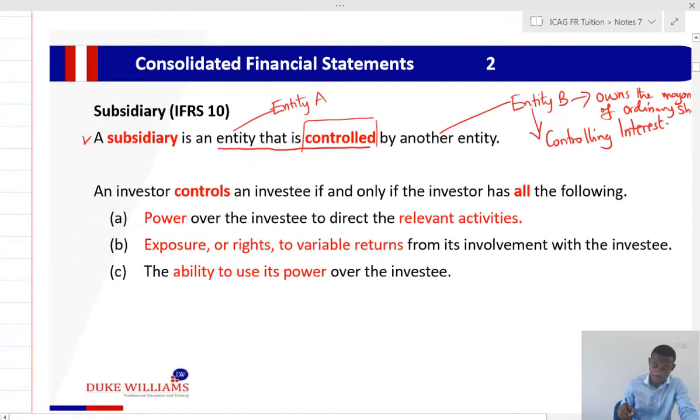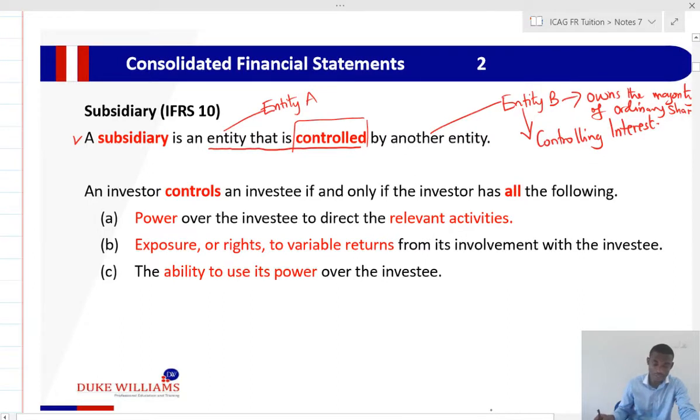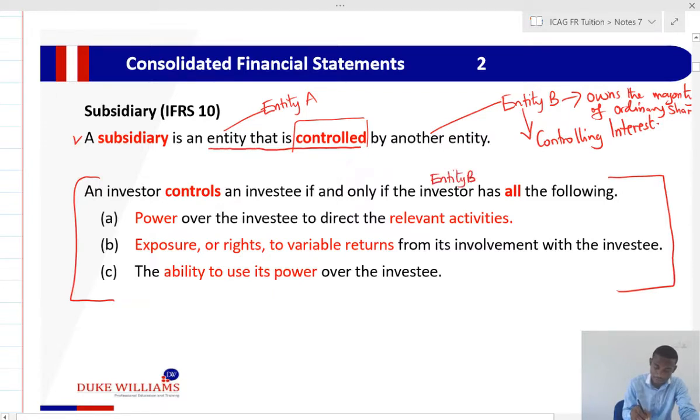Now specifically, when we go to the IFRS 10 position, it says that control is where the investor, here entity B, has all of the following. Before there will be control, the investor entity B should have power over the investee to direct relevant activities. What is that power?